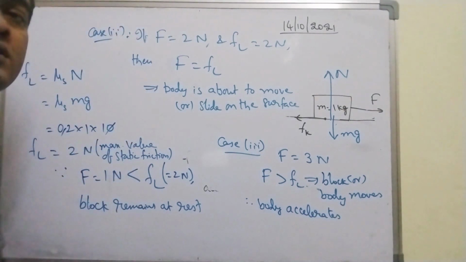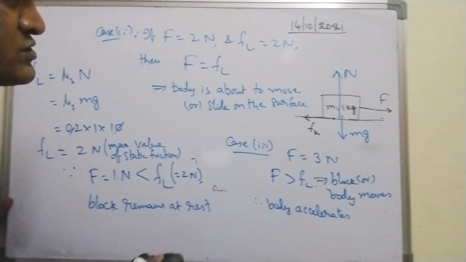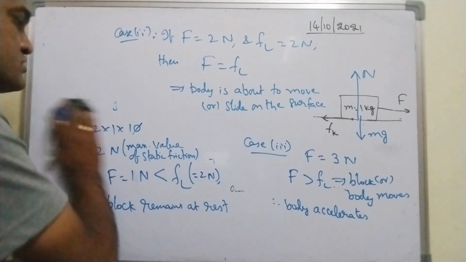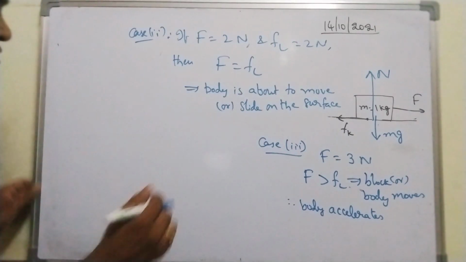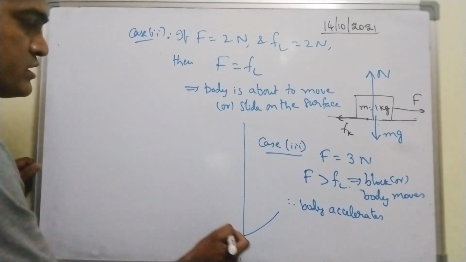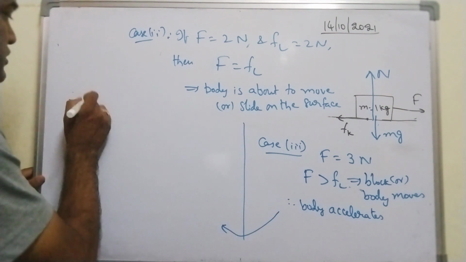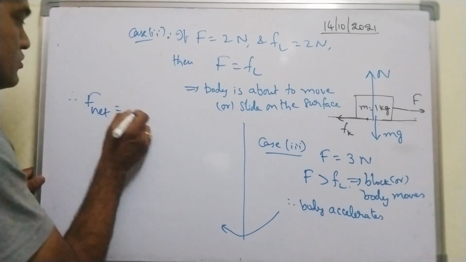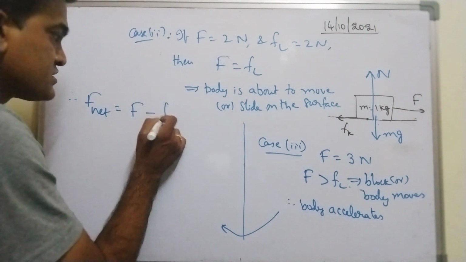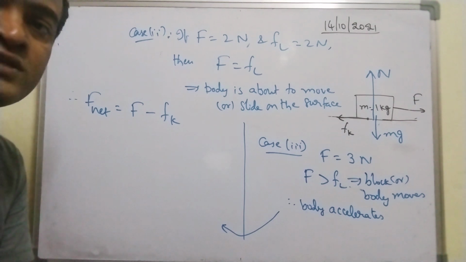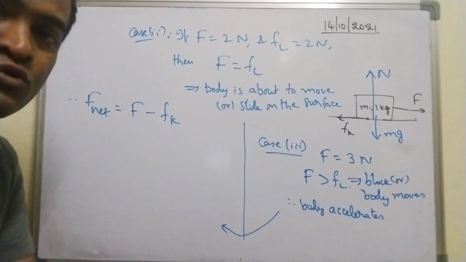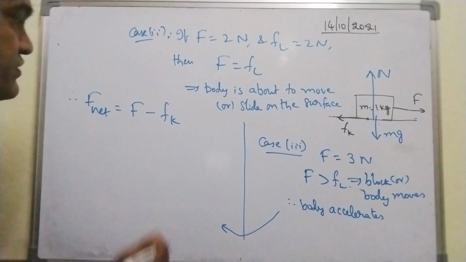Now let us find out the net force. What is the net force on the body? I am writing here. So net force is equal to applied force minus kinetic frictional force. Now kinetic frictional force will come into picture because the body is moving on the surface.